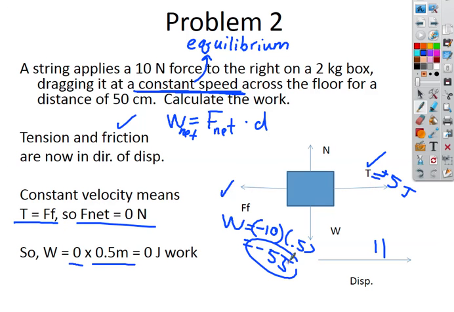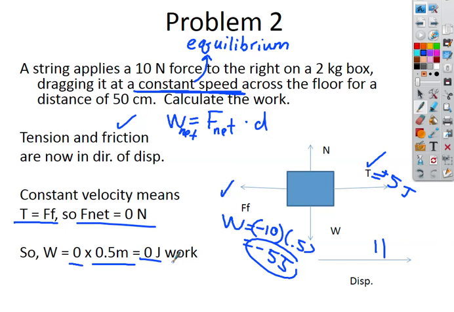Well, if I add positive 5 and negative 5, what do I get? 0. So any work that I'm adding to the box is being released by the box through the frictional force, and so the overall amount of work done on the object would be 0.